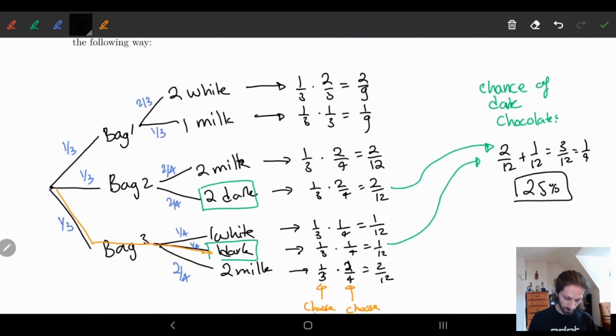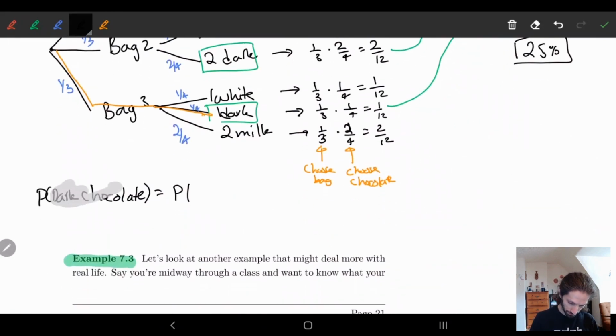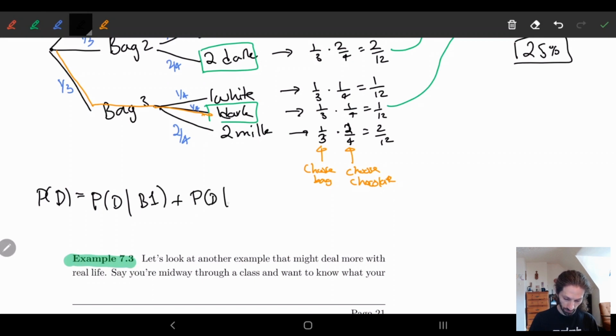Let's erase this because I'm going to need more room. The probability of dark is equal to the probability of dark given bag 1, plus the probability of dark given bag 2, plus the probability of dark given bag 3.